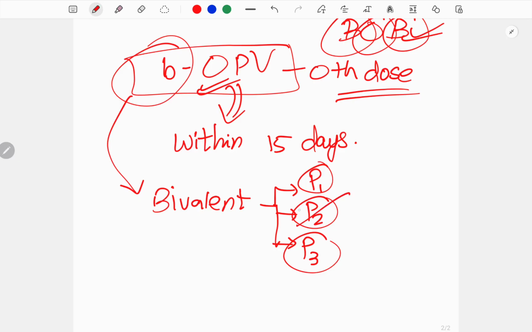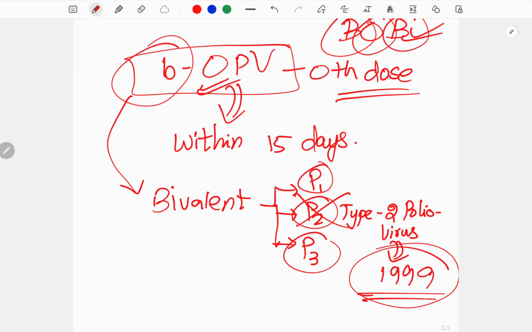This P2 type of oral polio vaccine, this type 2 polio virus, has already been eradicated globally since 1999. It is a wild polio virus actually.